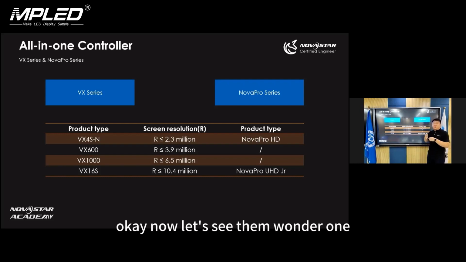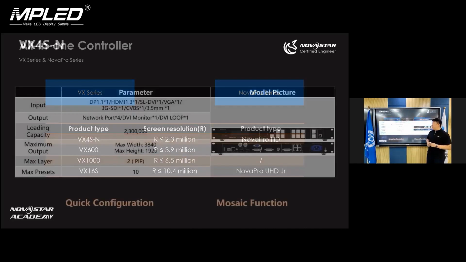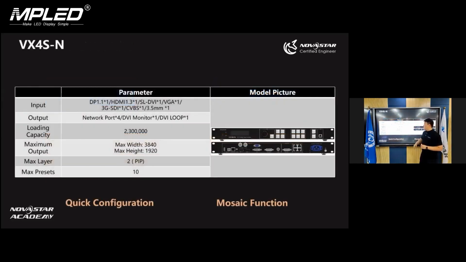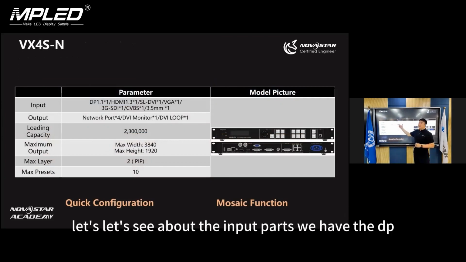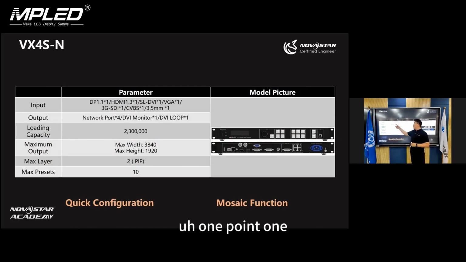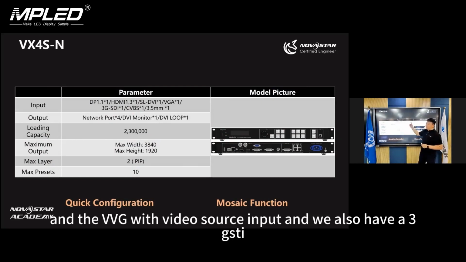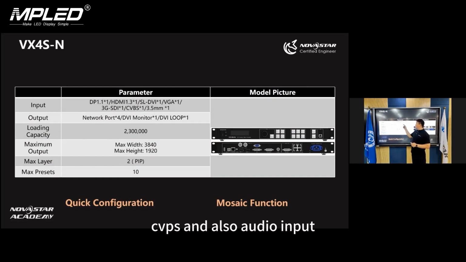Okay, now let's see them one by one. For the VX4S, the basic one, let's look at the input part. We have DP 1.1, HDMI 1.3, single link DVI video source inputs, and we also have 3G SDI, CVBS, and audio input.